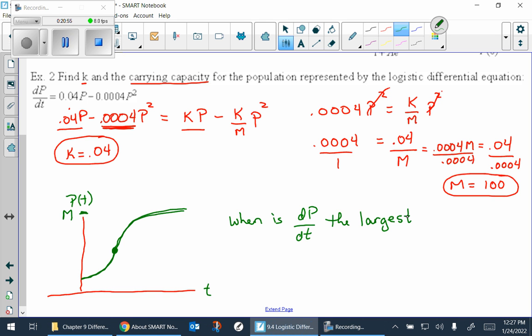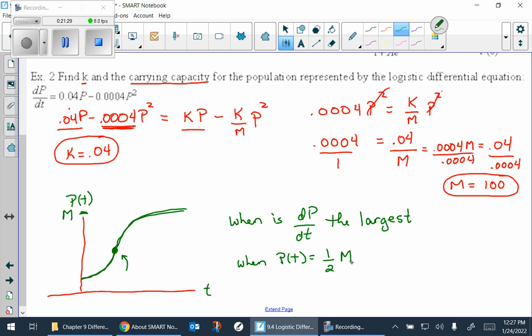Okay, when was this moment when the rate of change is the largest? And I'll tell you something, it often, no, I'm going to tell you that it always happens when the population is half of the carrying capacity.